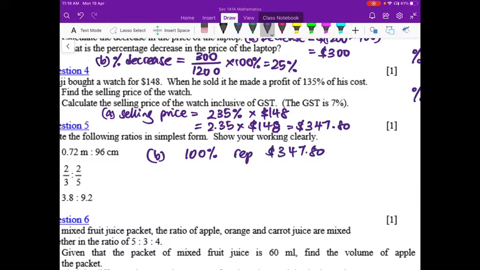Now with GST, how many percent should it be total? It's now 107%, because we add 7%. So 107% represents 347.80 over 100 times 107.